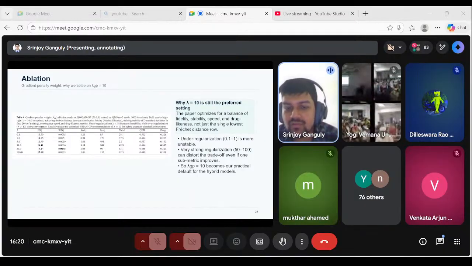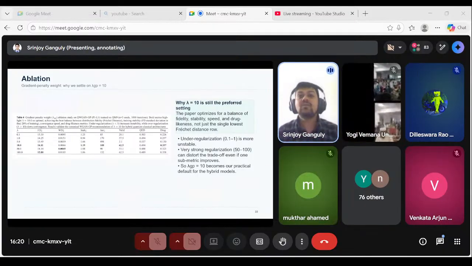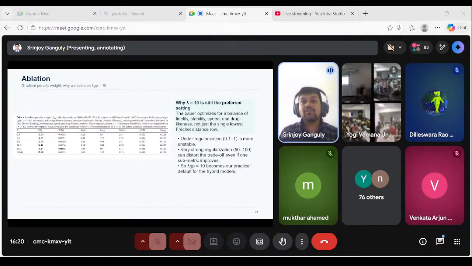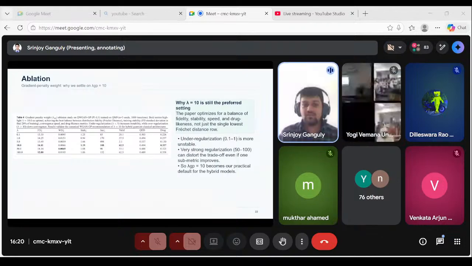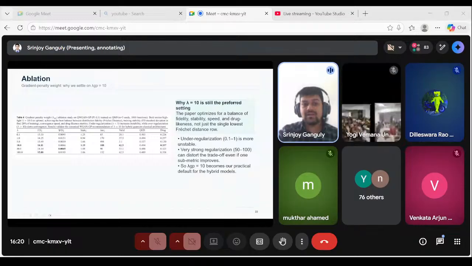We found that if we under regularize, so if we have the lambda value as 0.1, because lambda 1 is gradient penalty, right? If you put a very small gradient penalty, then the training becomes unstable and it's harder to get a nicer value. So if you see the threshold distance, the Wasserstein distance, the stability, the validity, QED, and the drug likeness, all these scores for 0.1 are not really so nice.